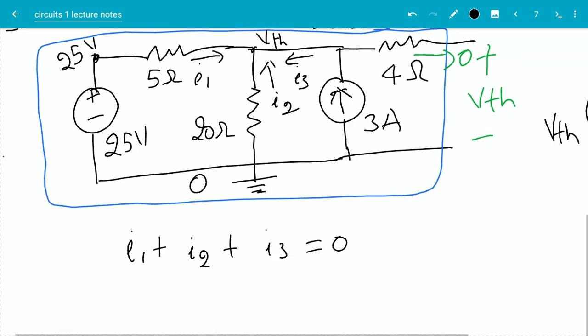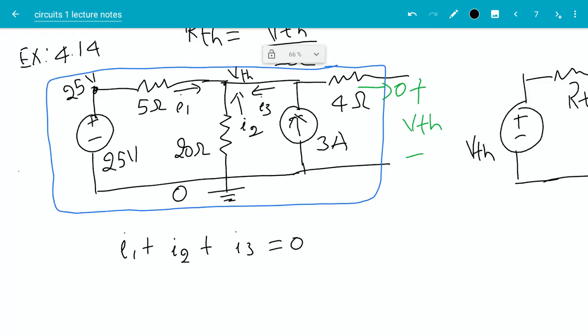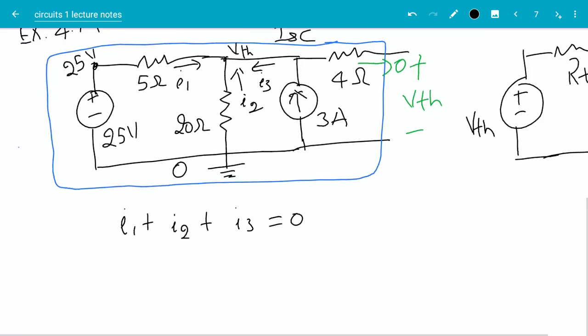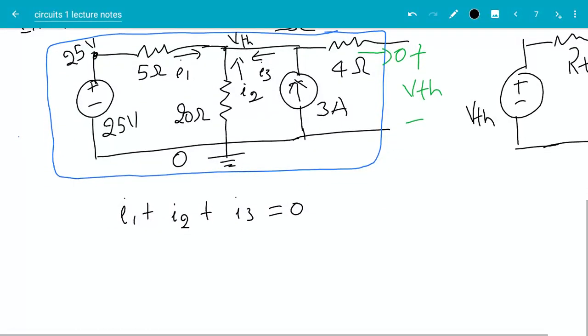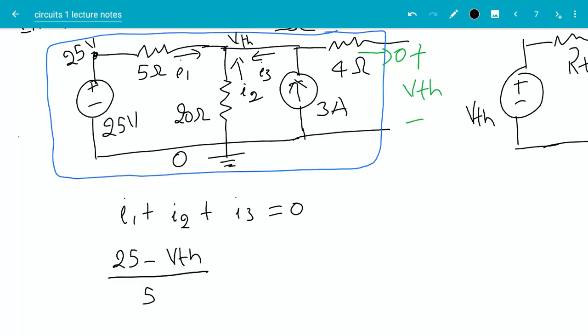Now all I need to do is convert these currents in terms of voltages. I1 is the current from left to right through the 5 ohm resistor, so that will be equal to the voltage drop from left to right: 25 minus VTH divided by 5.